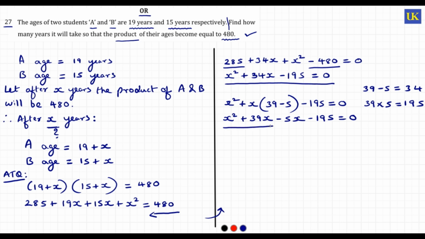We'll take out something common from this and something from this. So x plus 39, minus 5 and x plus 39, because 39 into 5 is 195, is equal to 0.